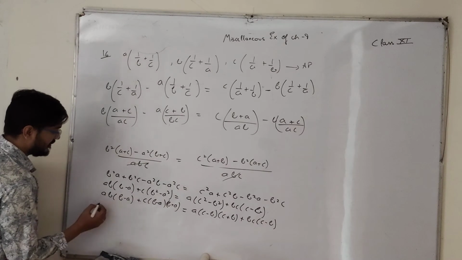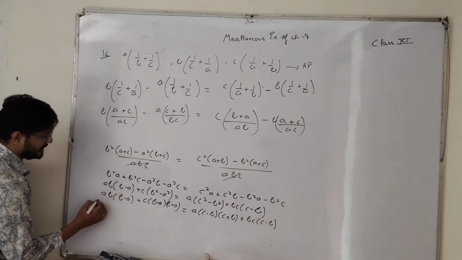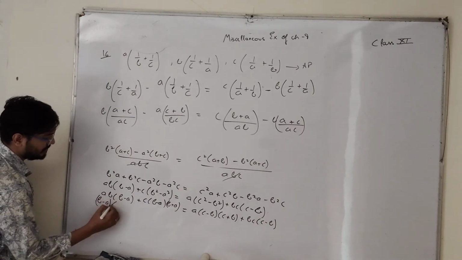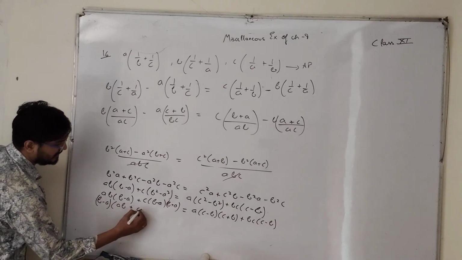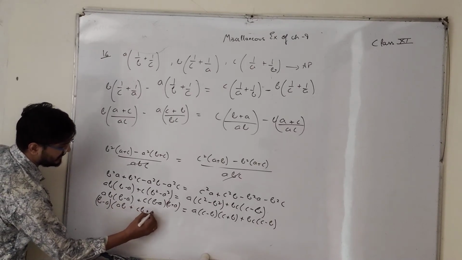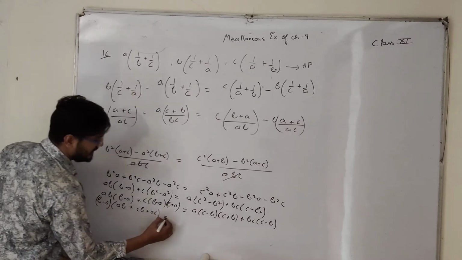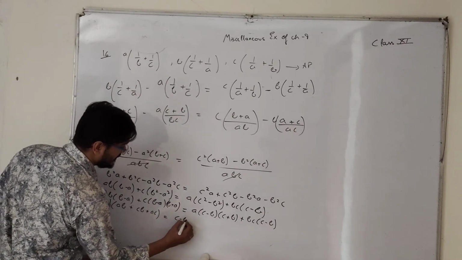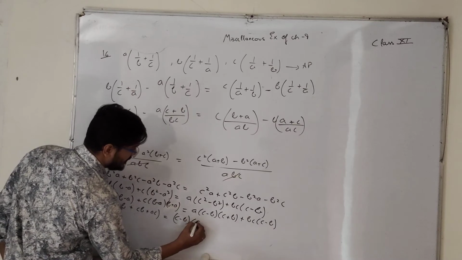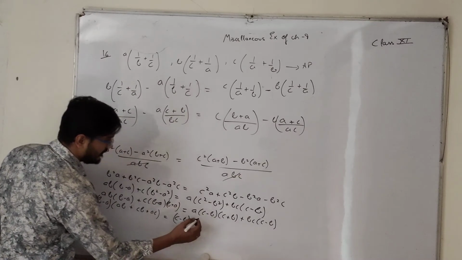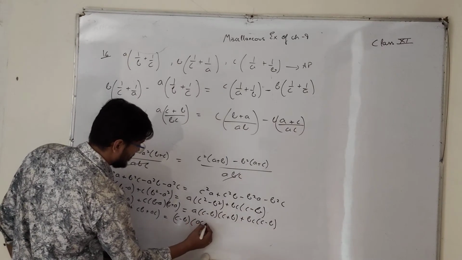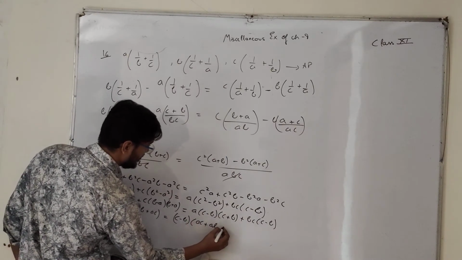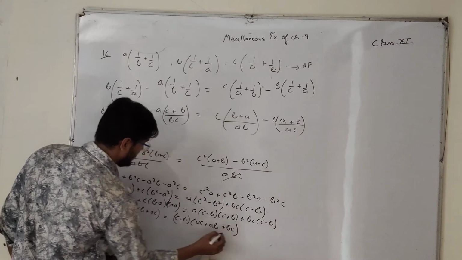Now taking B minus A common throughout, we have AB plus CB plus AC, right? Similarly, if we take C minus B common throughout, we have AC plus AB plus BC, right?